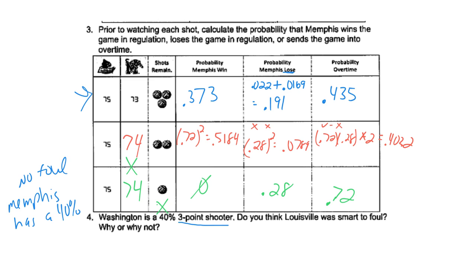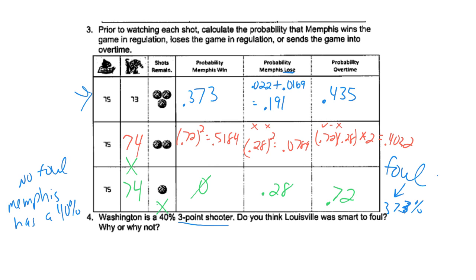If they do foul him, so let's come over to this other side and talk about what happens, there's a couple scenarios, right? He's got to make all three, which is only a 37.3% chance, so that they'll win in regulation.